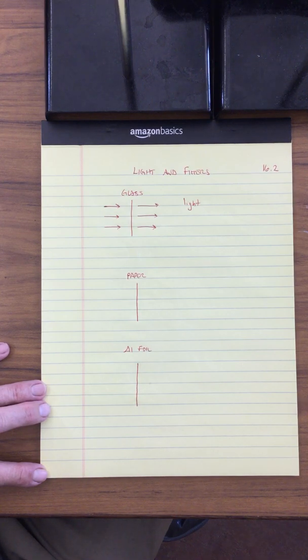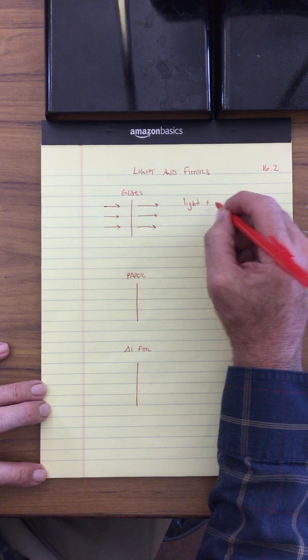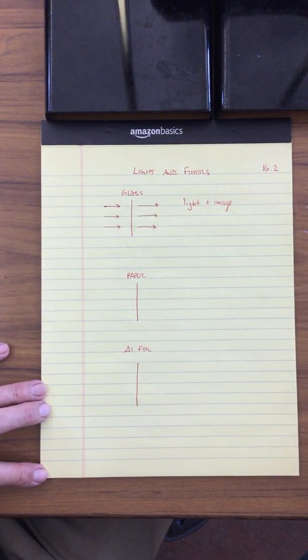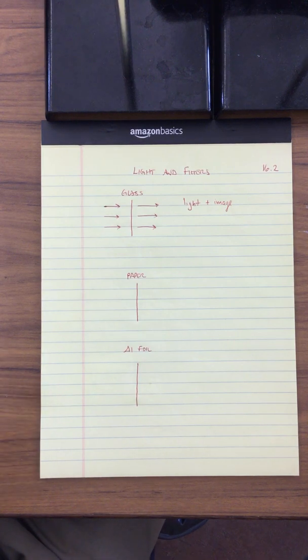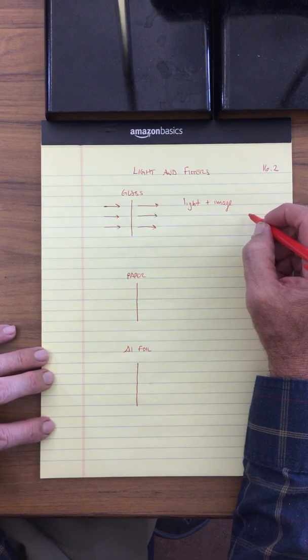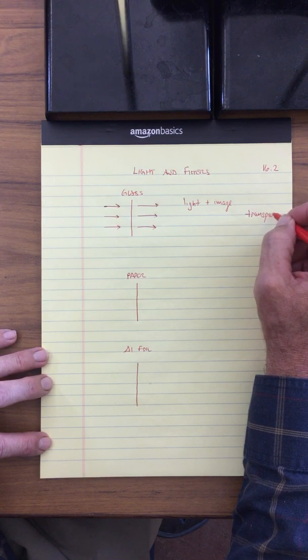For example, if you're looking out a clear window, you can see very clearly the objects, whether it be another house, or the street, or a car, or a tree. You can see the light, plus you can see the image as well. And because of this, this is going to be called transparent. So if you're having light go through a glass, this is going to be transparent.